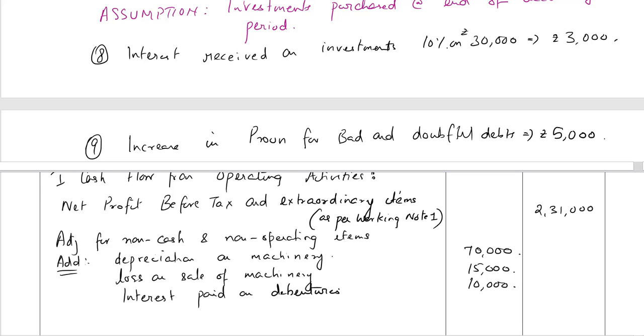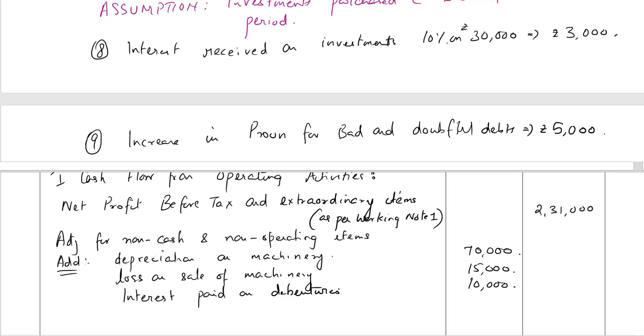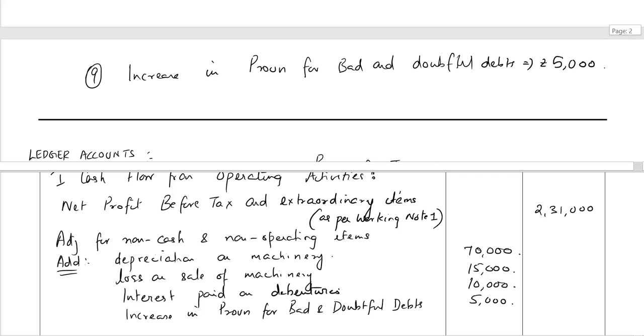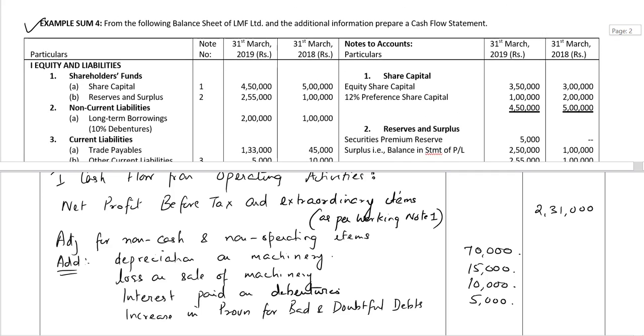Interest received on investments needs to be deducted. There's an increase in provision for bad and doubtful debts of ₹5,000. Increase in provision for bad and doubtful debts. The amount of increase is ₹5,000.